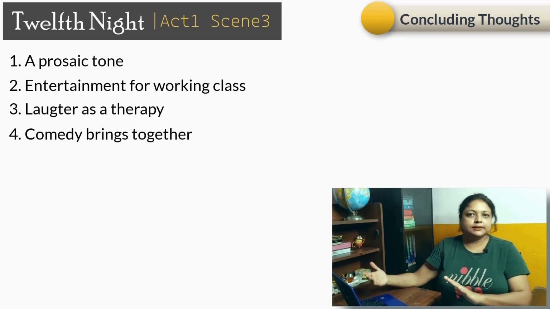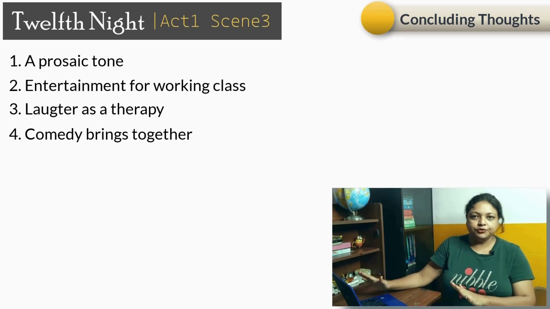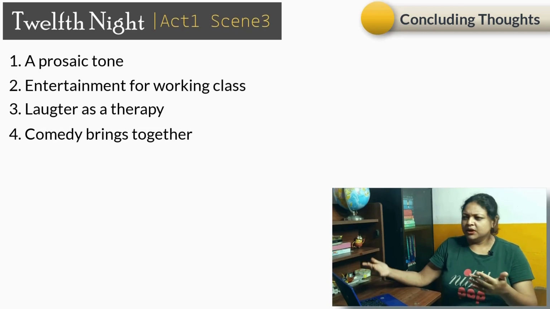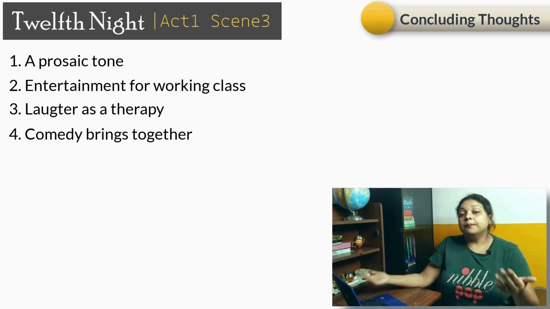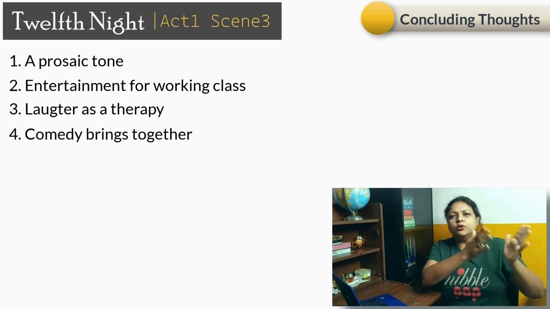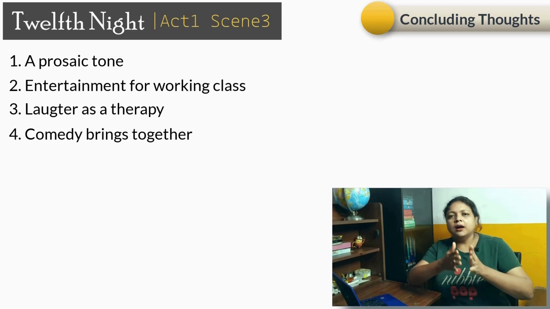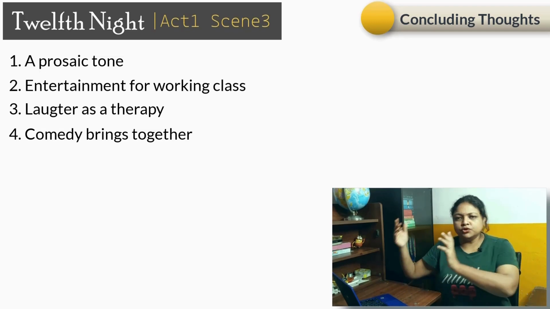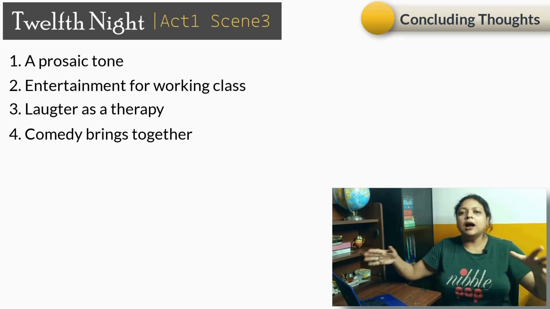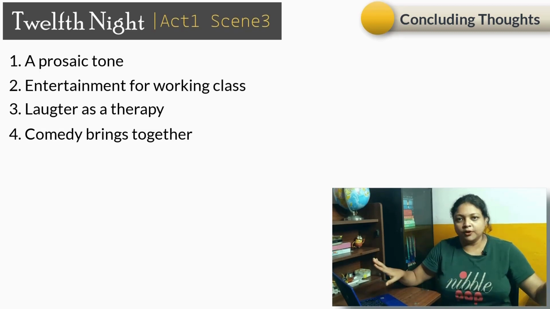We might dismiss Toby and Andrew as unimportant characters. This is a subplot. Why should we bother about it? But very soon we will see that the story of Orsino, Olivia, Viola, Sebastian, and the story of Toby, Andrew, Maria, Malvolio, they are not separate from each other.